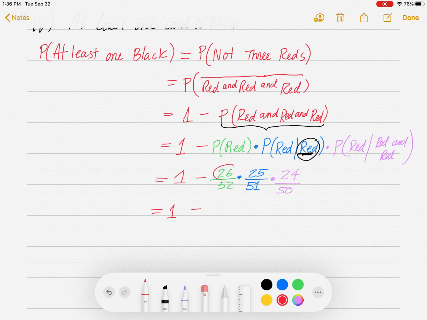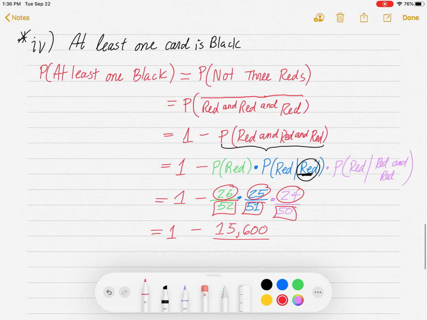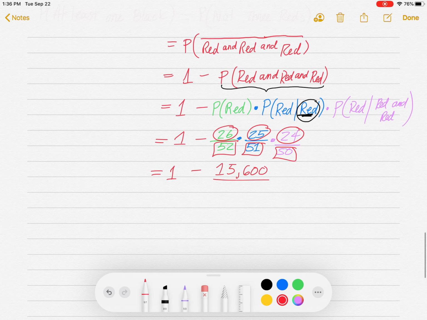Okay, so we're going to have here 1 minus, we're going to multiply these together, 26, 25, 24. What happens when you multiply those guys together? 26 times 25 times 24, multiplication. You're going to get 15,600 divided by the denominators when you multiply those together.